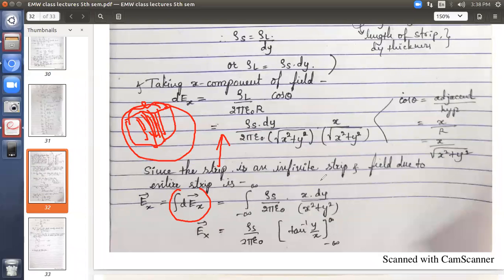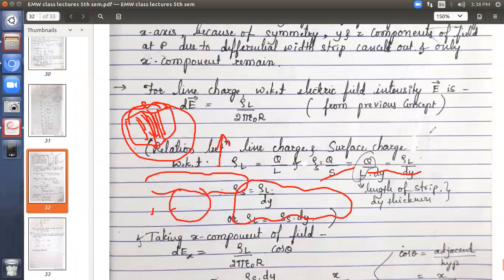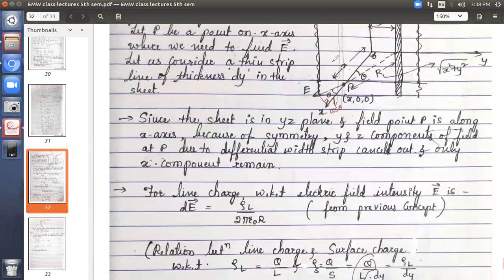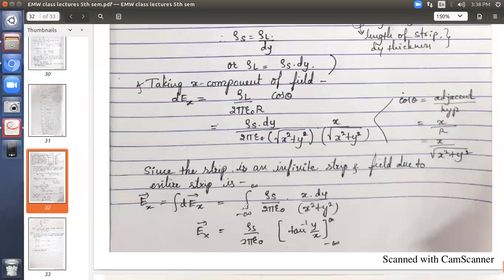So Ex will be the integration of dEx, over minus to plus infinity. Why minus to plus? You can see I have shaded this zigzag, which indicates it is an infinite sheet. So the dimensions we will consider as infinity.